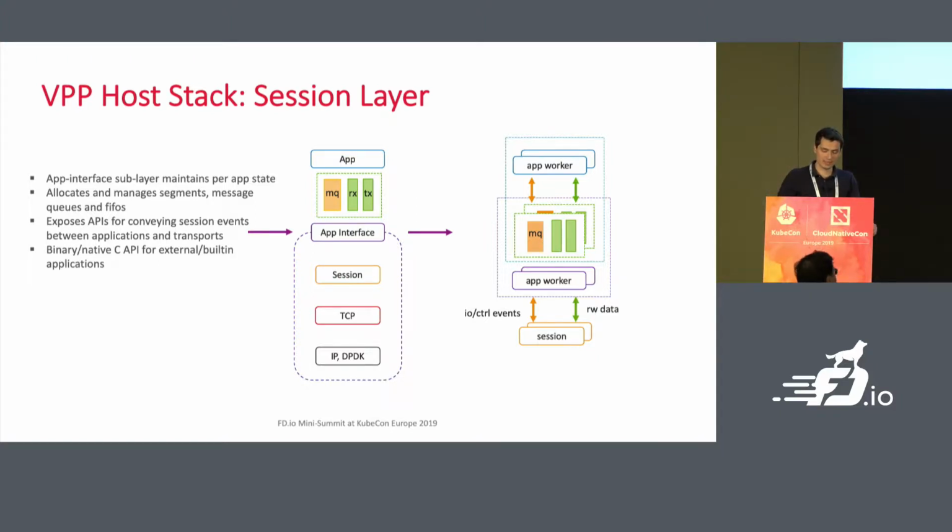If we look at it at a high level, it acts as an intermediary between northbound applications and southbound transport protocols. To this end, northbound through the app interface sublayer, it exposes a set of APIs that allows applications to interact with abstract units of communication that we call sessions.